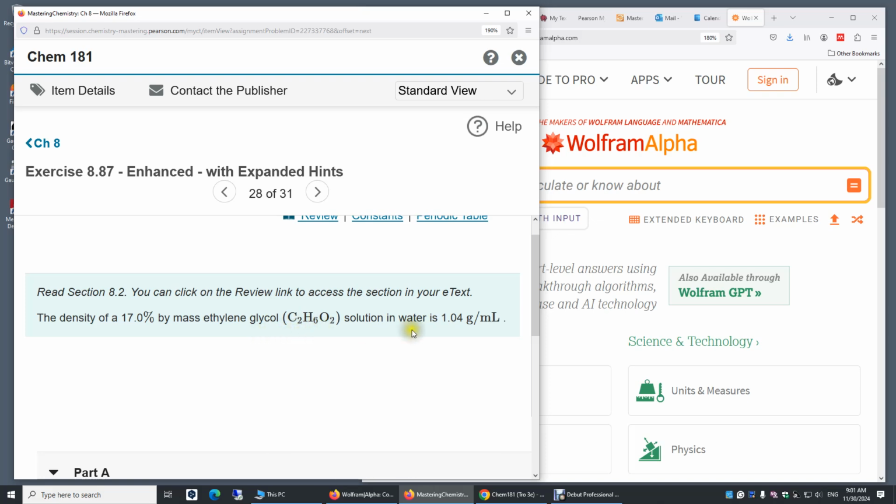It's 17 grams out of 100 grams of solution. What about the volume? Well, we have the density, we have the mass, 100 grams divided by the density, we get the volume in milliliters. So let's tackle this problem.